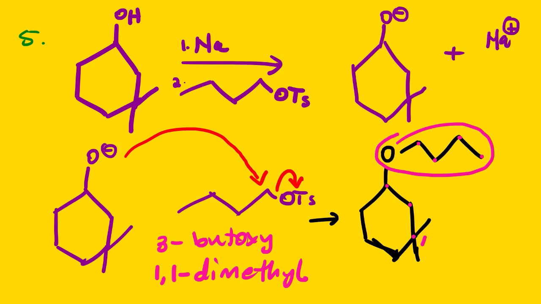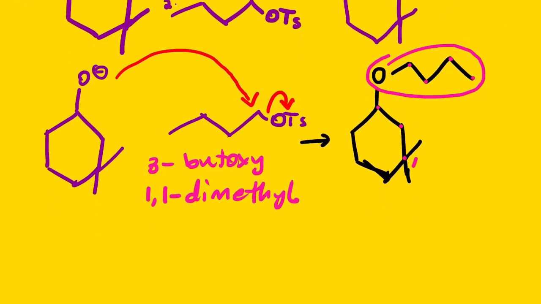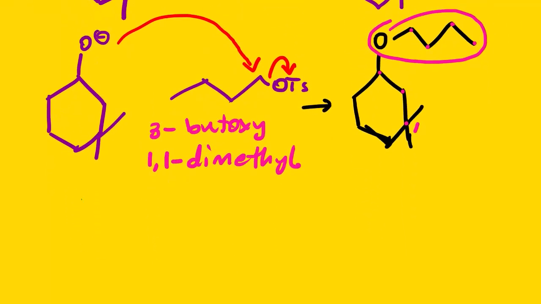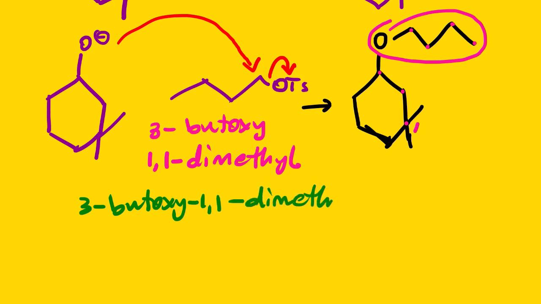And then it's a cyclo, we have 6. So alphabetical order, B comes first compared to M. So we have 3-butoxy-1,1-dimethylcyclohexane.